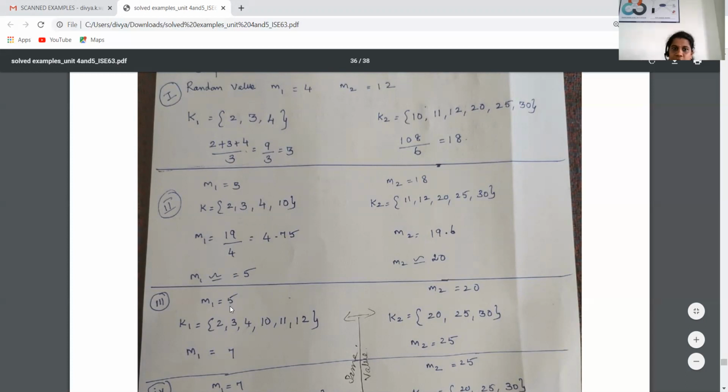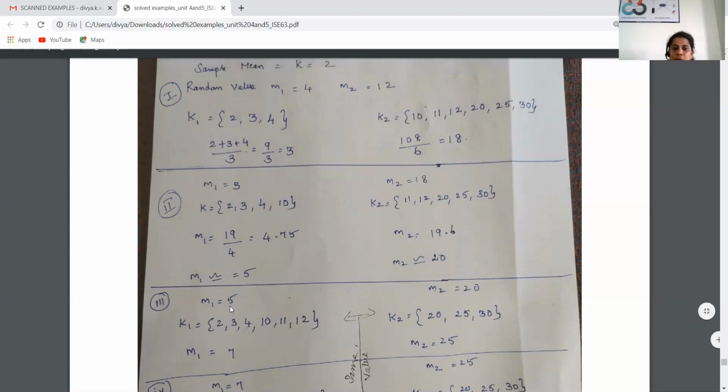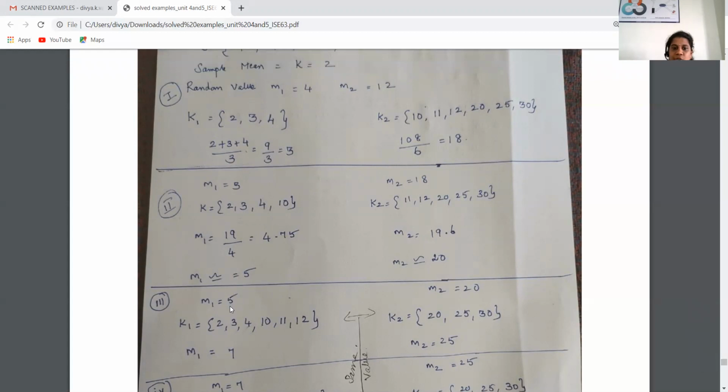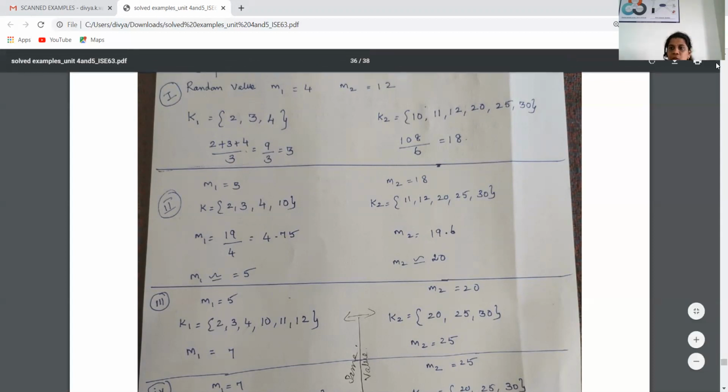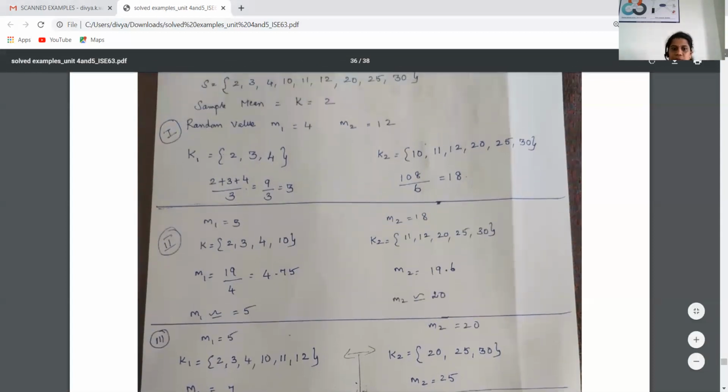So again we need to rearrange the cluster based on the new mean values. So I'm taking 5 and 20. Now we are going to check the points, and which cluster each is going to come in. I'm taking the first point, that is 2.